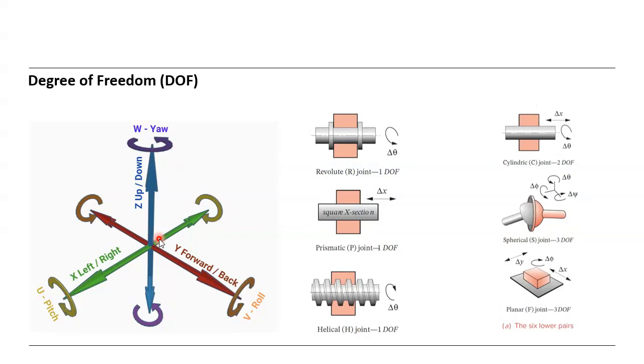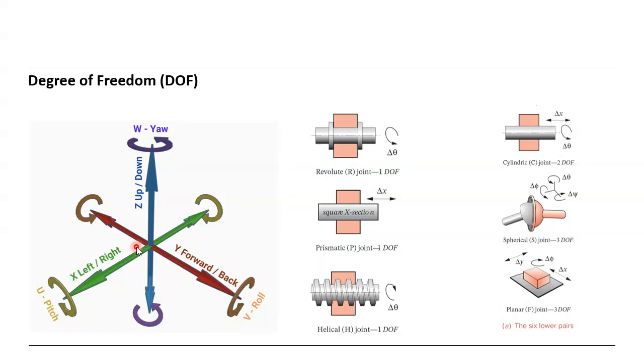That means 3 translations. The object can also rotate around the z-axis, x-axis, and y-axis. So 3 rotations and 3 translations, in total 6 degrees of freedom if the object has no contact in space.